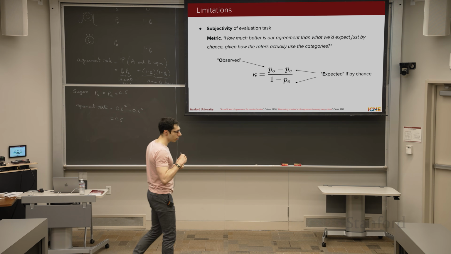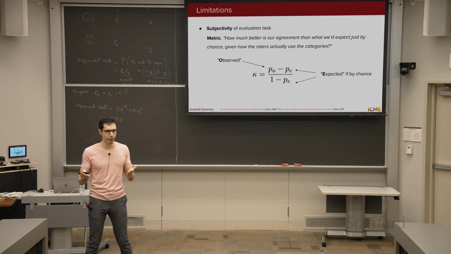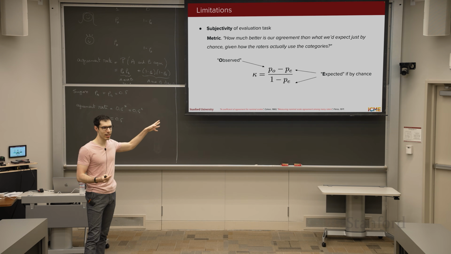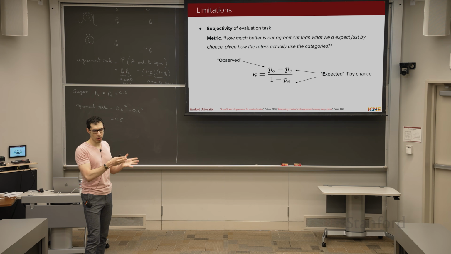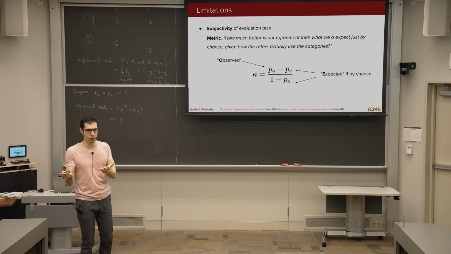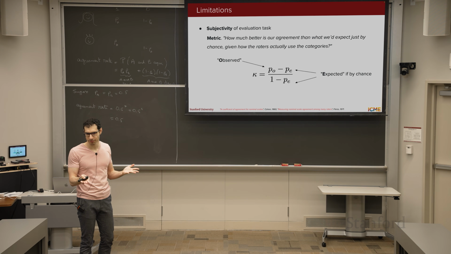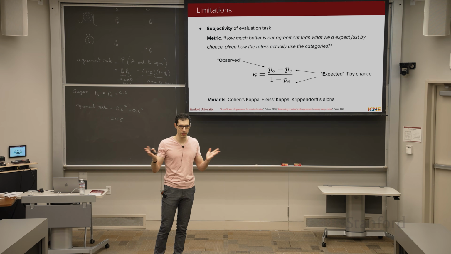So long story short, there is a bunch of metrics that try to quantify inter-rater agreement rates using these kinds of formulas to be able to make these quantities relative to what would happen if things were done in a random way. And so that's why you may see a bunch of metrics out there.